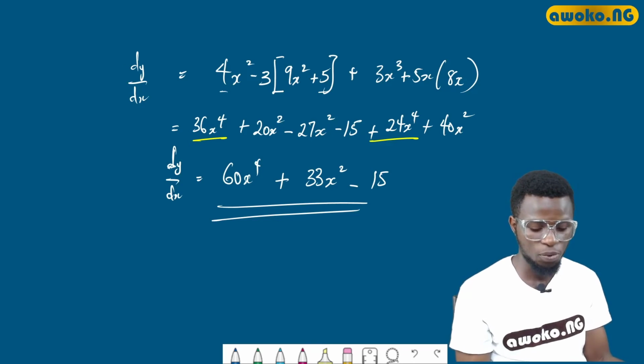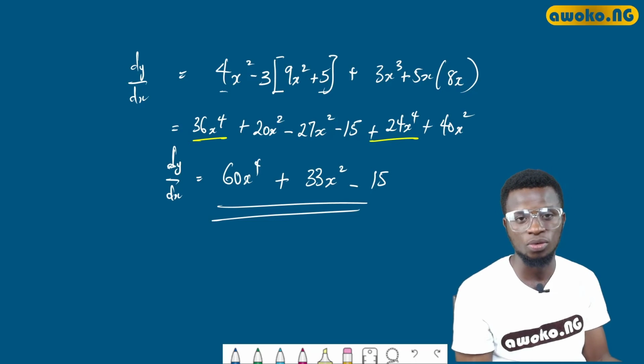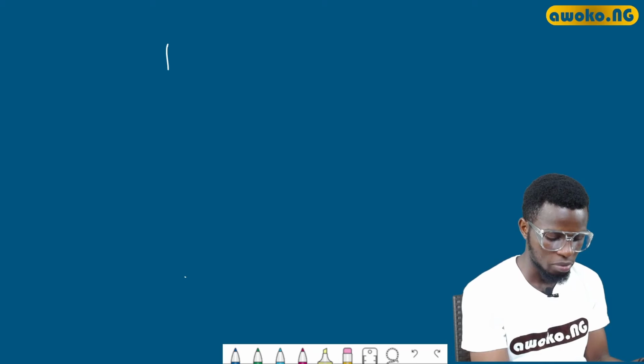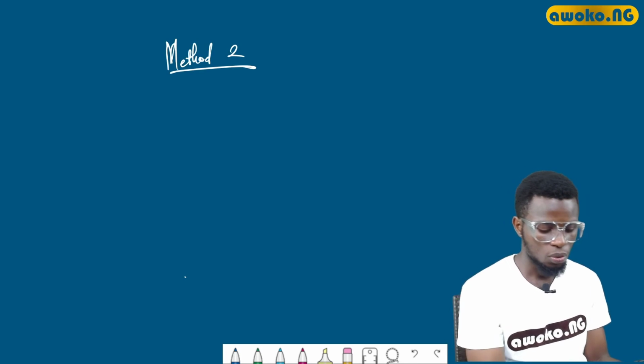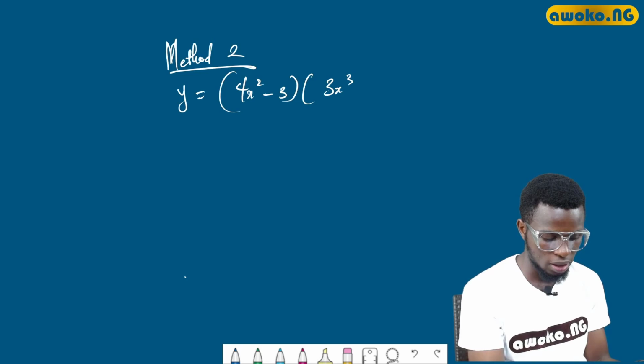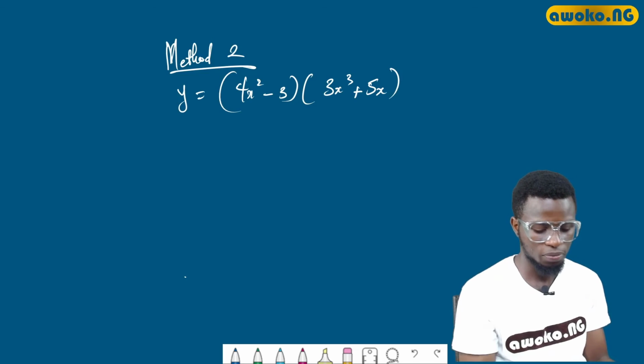Okay, I promised to use the other method to explain this before we go over to another question. So let us check this other method, method 2. We are still given the same question, (4x^2 - 3)(3x^3 + 5x).